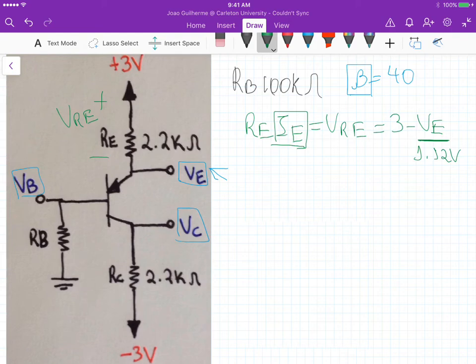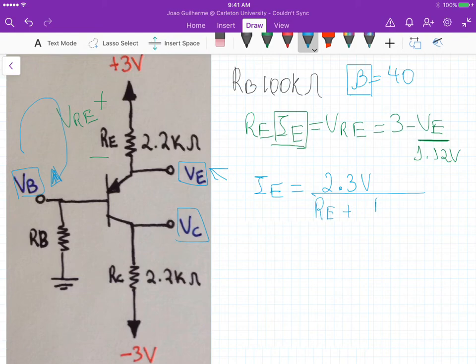So if we look at this loop here again, we still have that equation that IE is equal to that 2.3 volts divided by the emitter resistance plus the base resistance divided by beta plus 1.